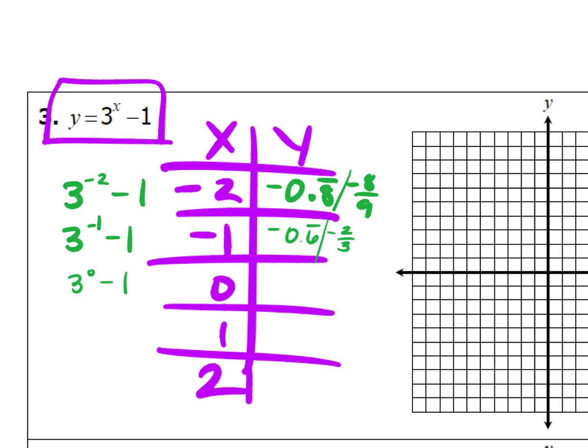You get a 0 out of it because this equals 1, right? 1 minus 1 is 0. 3 to the first minus 1. What'd you get? 2. And then 3 to the second minus 1 should be 8.